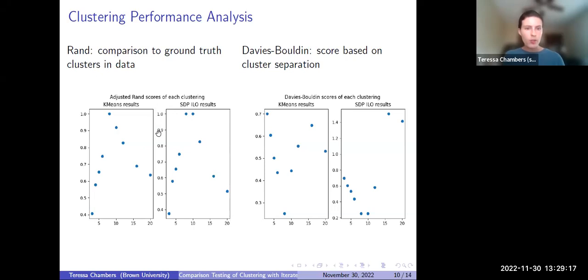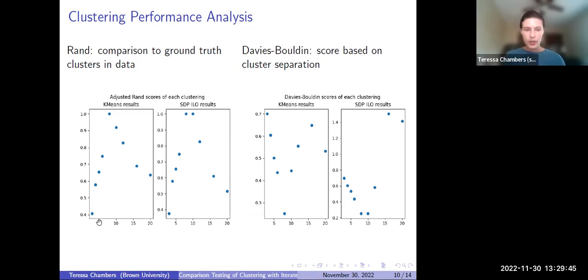One is called the adjusted RAND score. For adjusted RAND, higher is better with a maximum of 1. And that's because the RAND score is used in cases where you do know the ground truth of the clustering. So this one's really good for when you're doing careful experimentation like this.